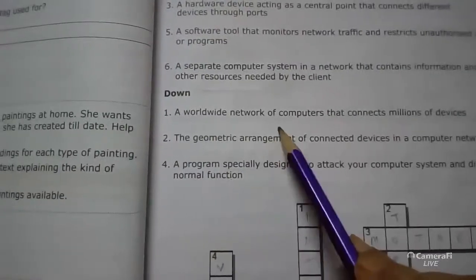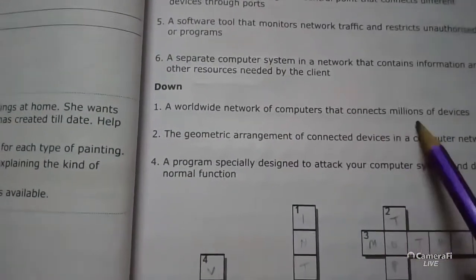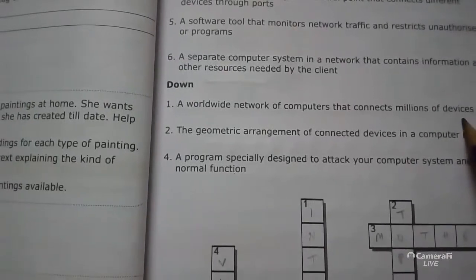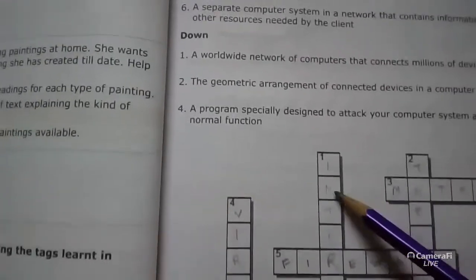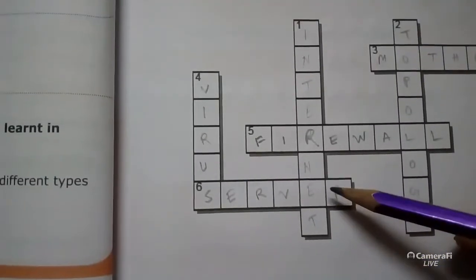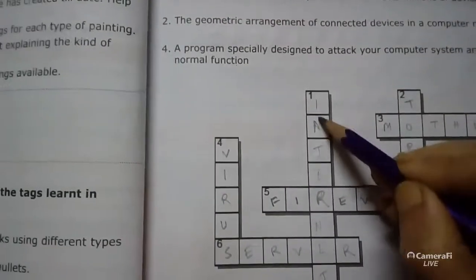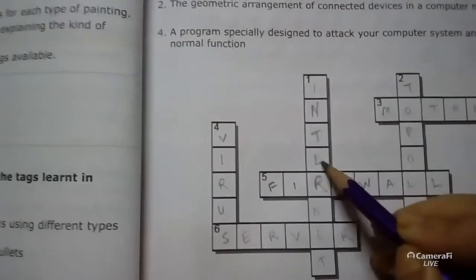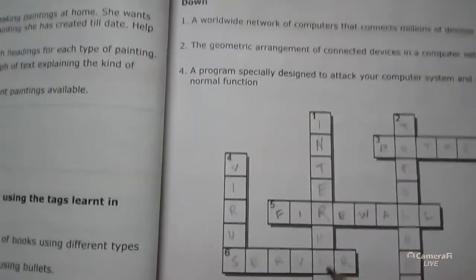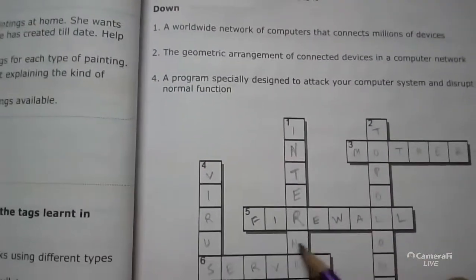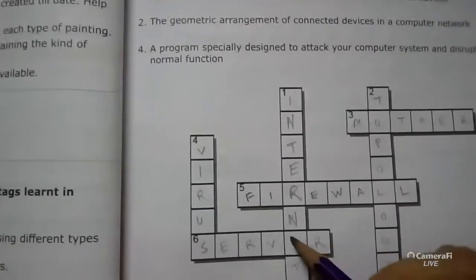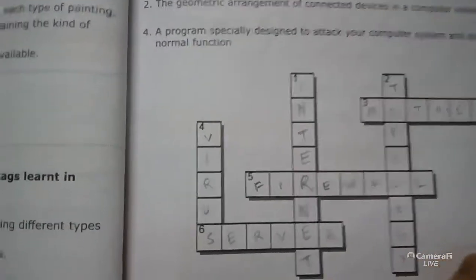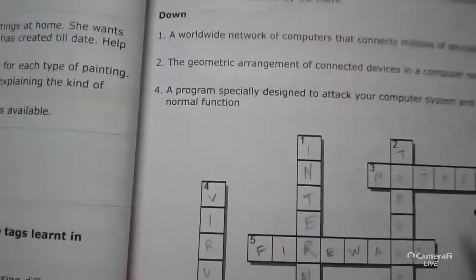A worldwide network of computers that connects millions of devices. Number 1, see here, what is that? It is internet. That is a worldwide network that connects all the computers.